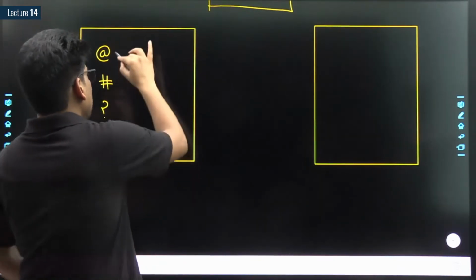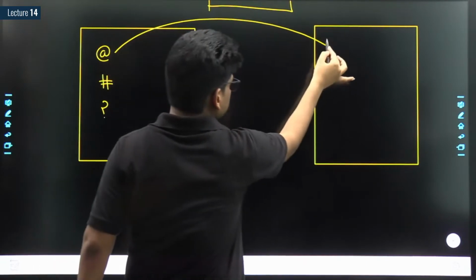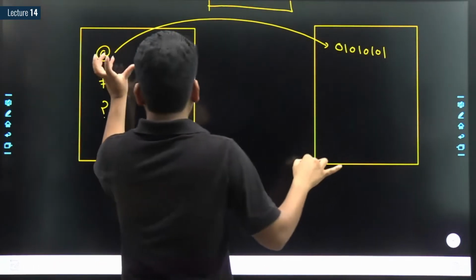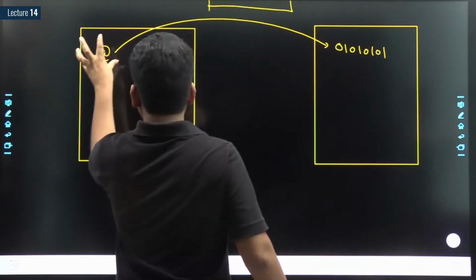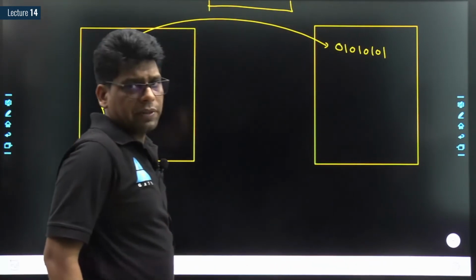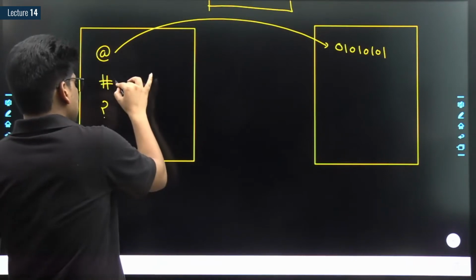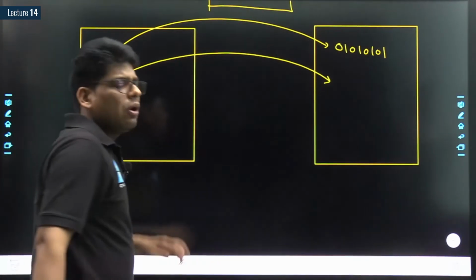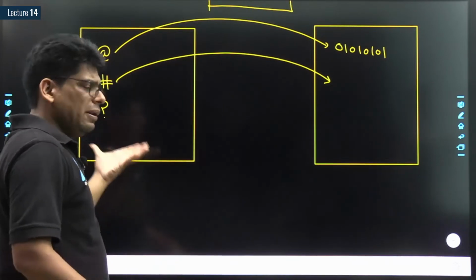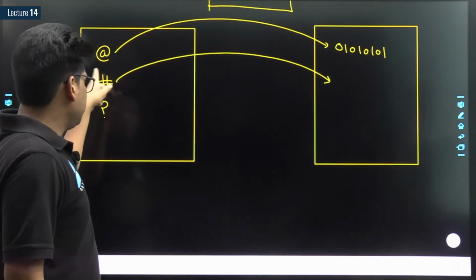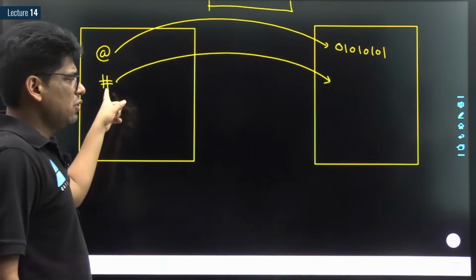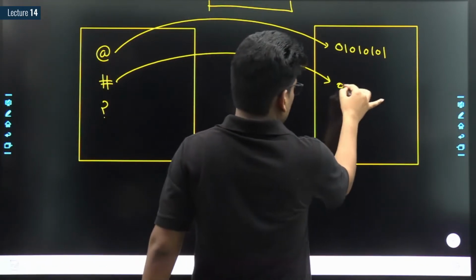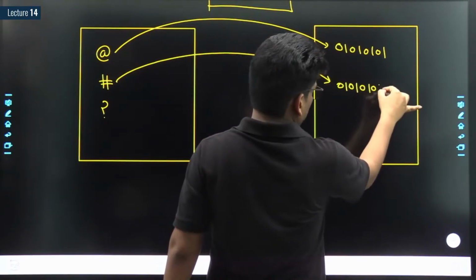What I want is to change this piece of information from one form to another form.